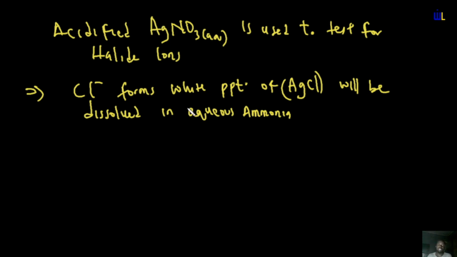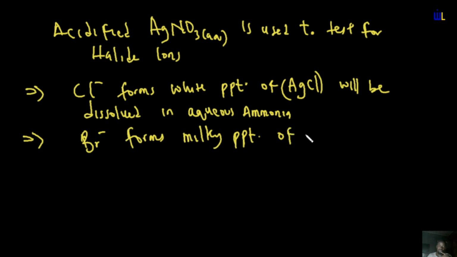If you see a white precipitate, automatically you will know that what is produced in that particular reaction, what is inside the solution, is chlorine ion. Now, in the case where you see a milky precipitate, bromine ion forms milky precipitate of AgBr.